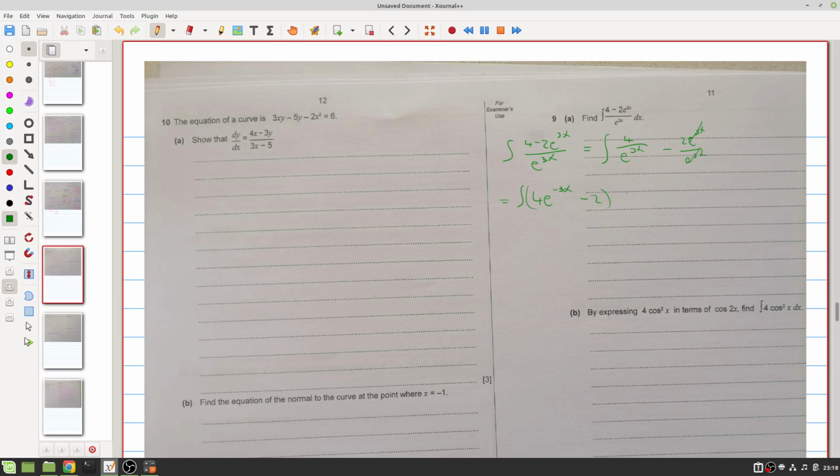We do that whole thing with respect to x. We can integrate this first. Integrating e, we just rewrite the whole thing and then divide by the derivative of the exponent, so divide by negative 3. And then this one, we're just adding an x. And then we just say plus c.